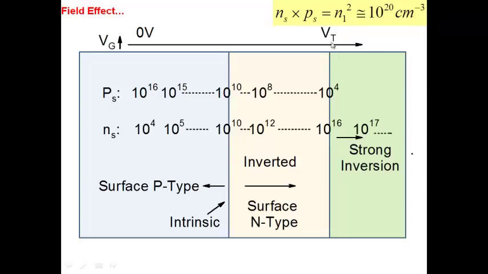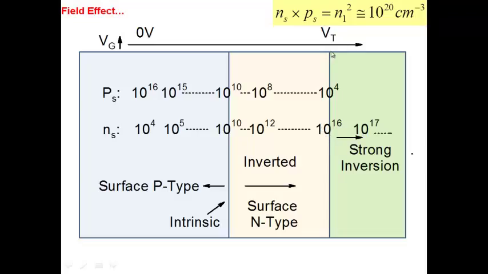And this point is what we call the threshold. The creation of a strong inversion condition where the electron density at the surface, 10 to the power 16, is equal to the hole density in the bulk, or the doping level. That gate voltage at which this occurs is what we call the threshold voltage.